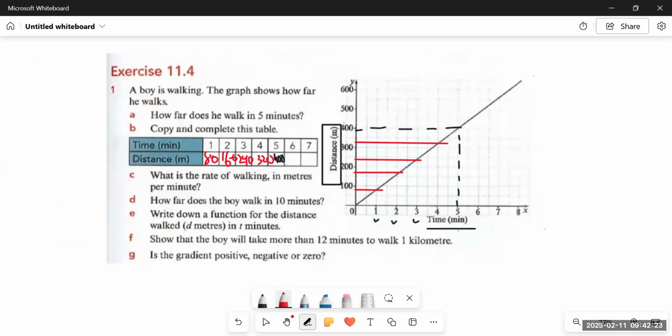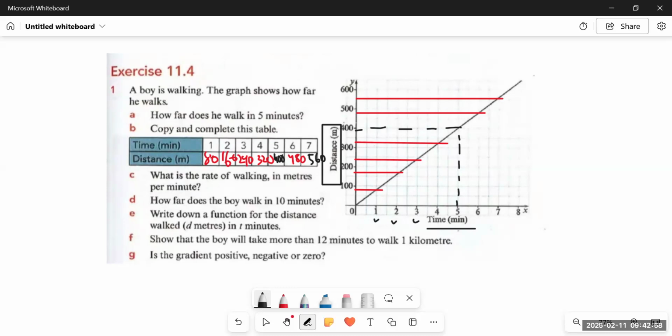At 6 minutes, we'll see it shows quite before 500, so it would be 480. And then at 7 minutes, it's quite above 550, so it would be 560. So you see, this is how we are going to fill the table using the graph.